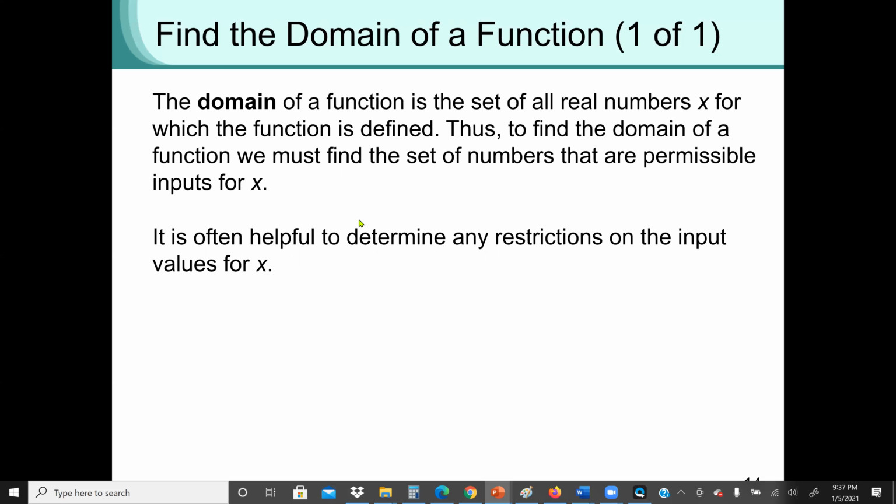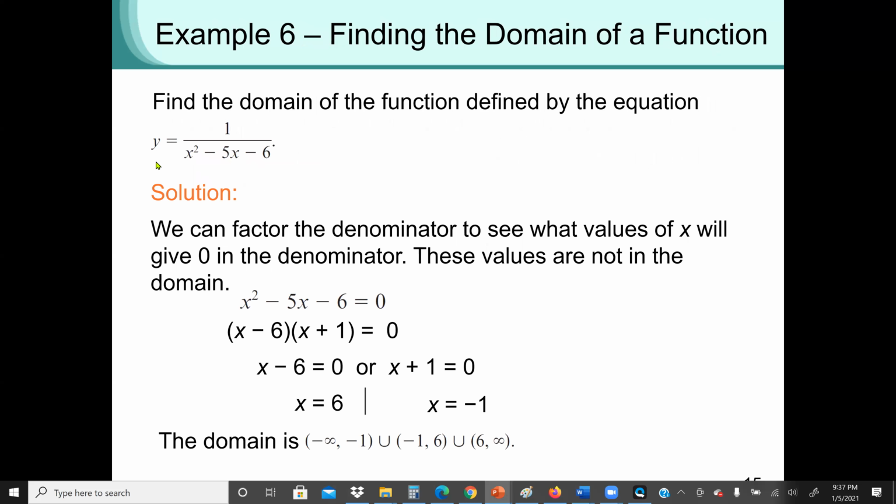So let's see an example. If I have a function y equal to 1 over x squared minus 5x minus 6, we should find the domain of this function. As we said from the definition, the domain will be any permissible value of x that will give us an answer for y.